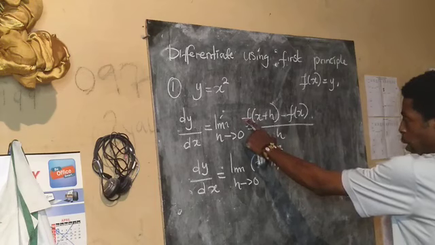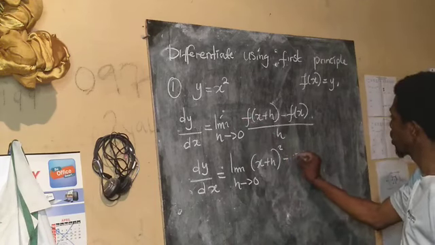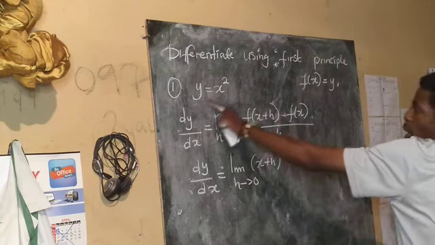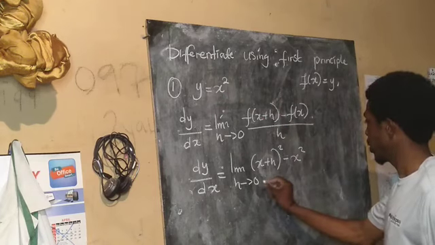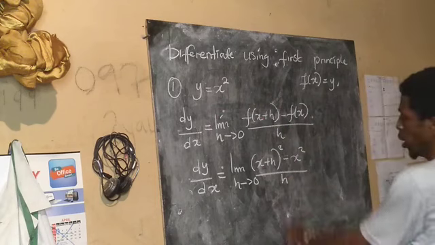This f won't appear, only this part, and then I'll square it, and then I'll say minus f of x, which is equal to y, and our y is equal to x squared. So here I'll say x squared, then everything over h like this.